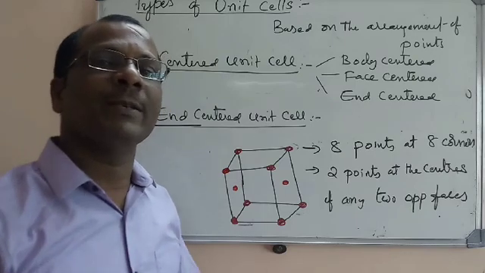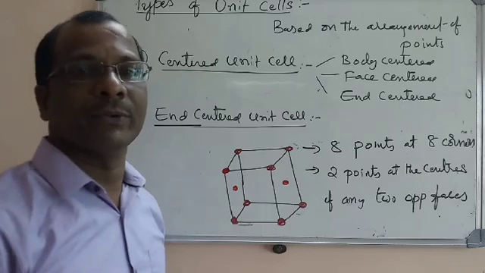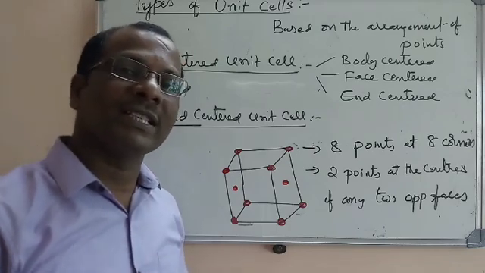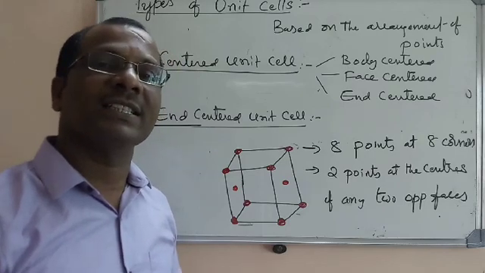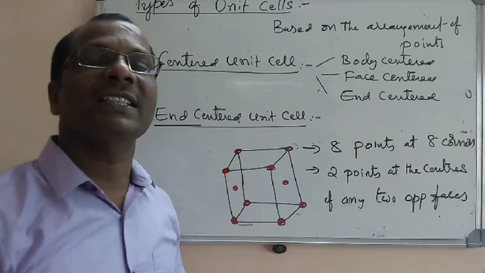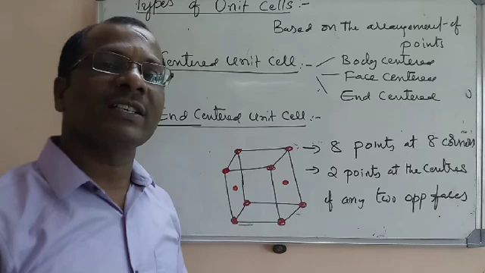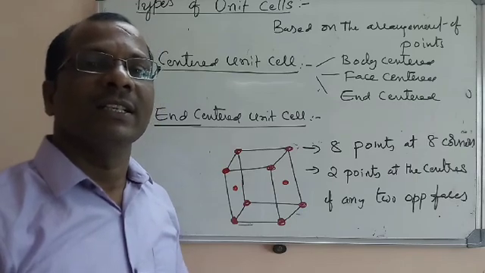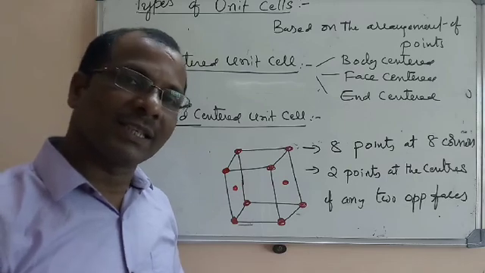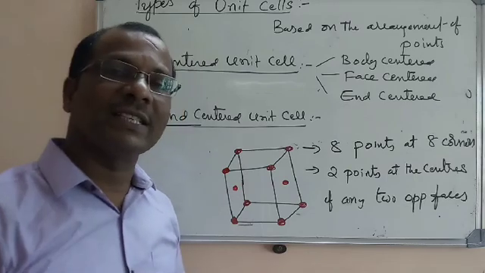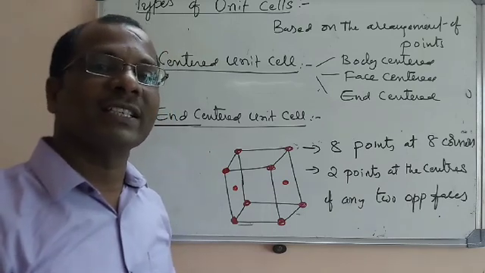Then body-centered. A body-centered unit cell will have 8 points occupying 8 corners. In addition to that, it will have a point at the center of the unit cell. That is called a body-centered unit cell.